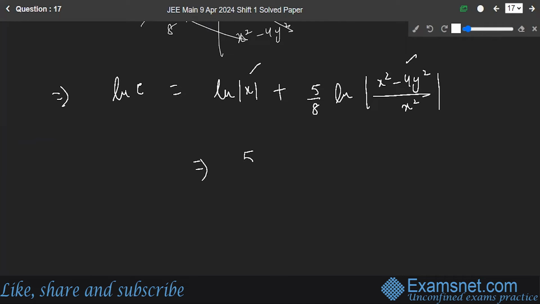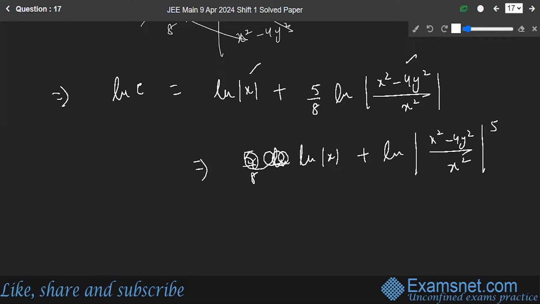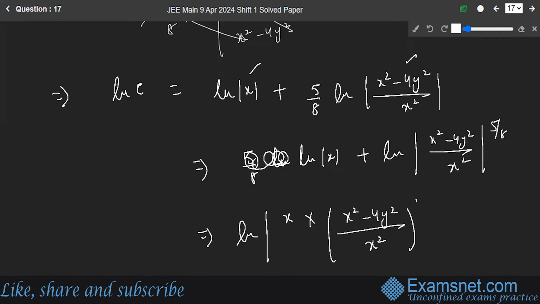First of all, let's solve this. This will be log x plus log of ((x squared minus 4y squared) upon x squared) raised to power 5 by 8. Now this is equal to log of x into ((x squared minus 4y squared) upon x squared) raised to power 5 by 8.